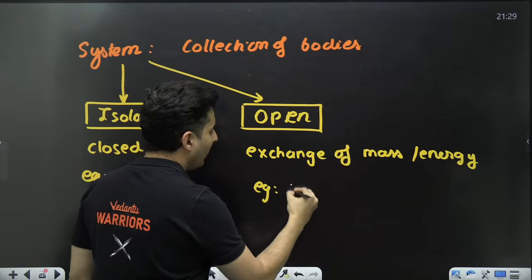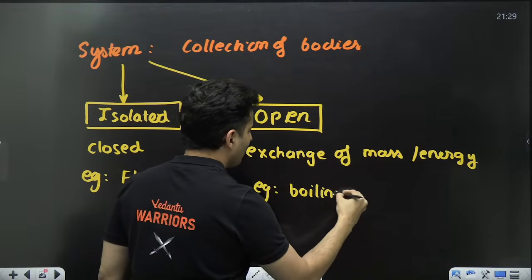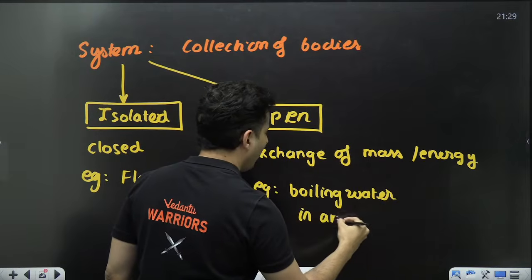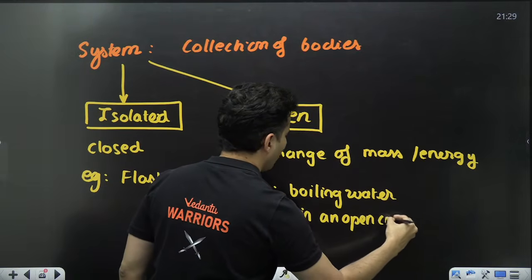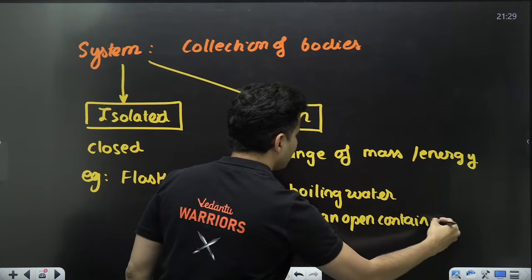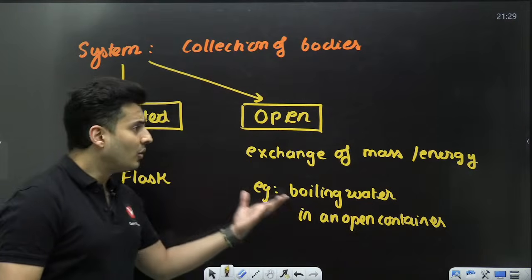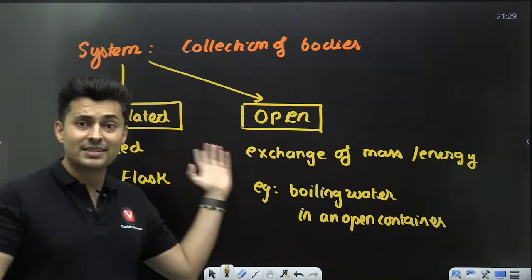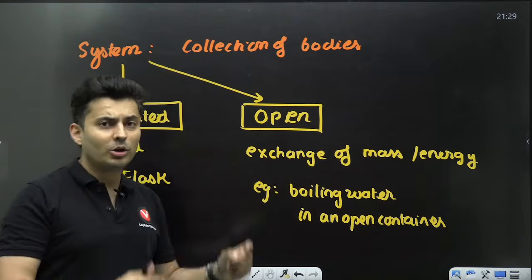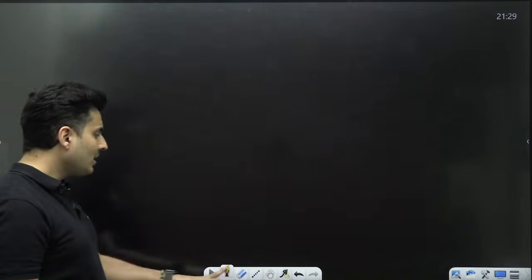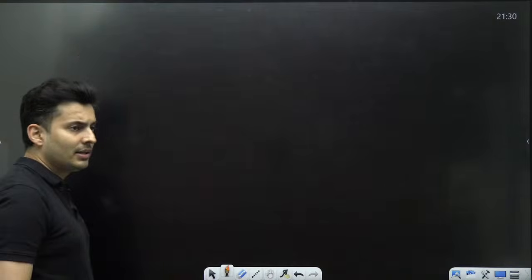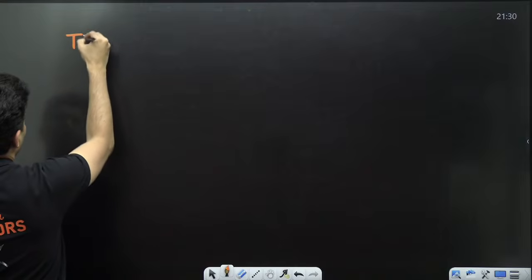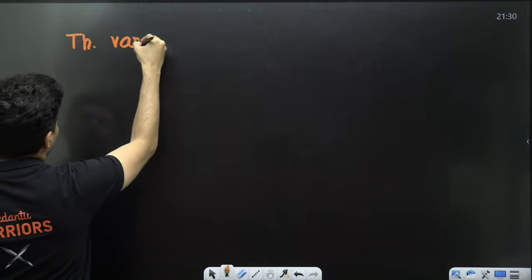Example, boiling water in an open vessel or an open container. That is a very good example of open system. Isolated is in a thermos flask, or you have a room which is sealed from everywhere, nothing can go out or come inside. Then you always have something called as the variables, thermodynamic variables.